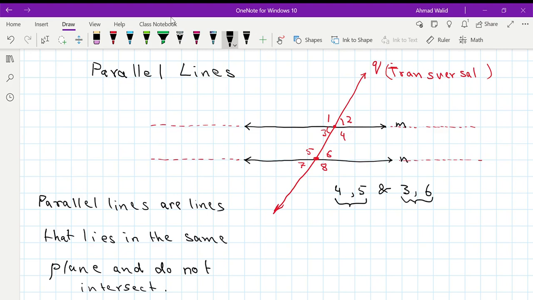Each pair is called alternate interior angles. 5 and 4, and 3 and 6, they are alternate interior angles. What is the rule or what is the relation between two alternate interior angles? They are equal.